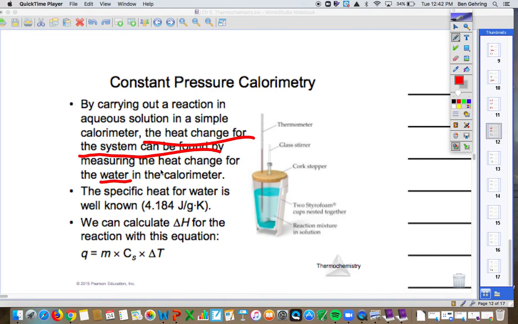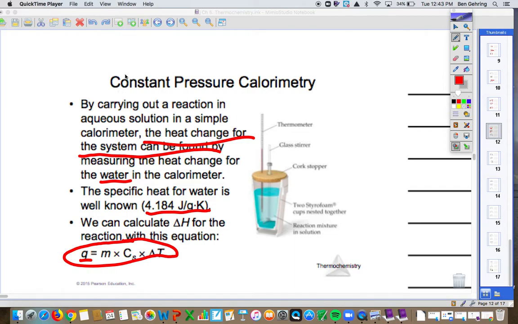Because we know the specific heat of water is 4.184 joules per gram Kelvin or joules per gram degree Celsius, we can calculate delta H for the reaction using this equation. This is why we solve for Q. Q equals MC delta T, and if we solve for heat, that tells us how much energy the water either gained or lost, and that gives us our delta H because we're at constant pressure.